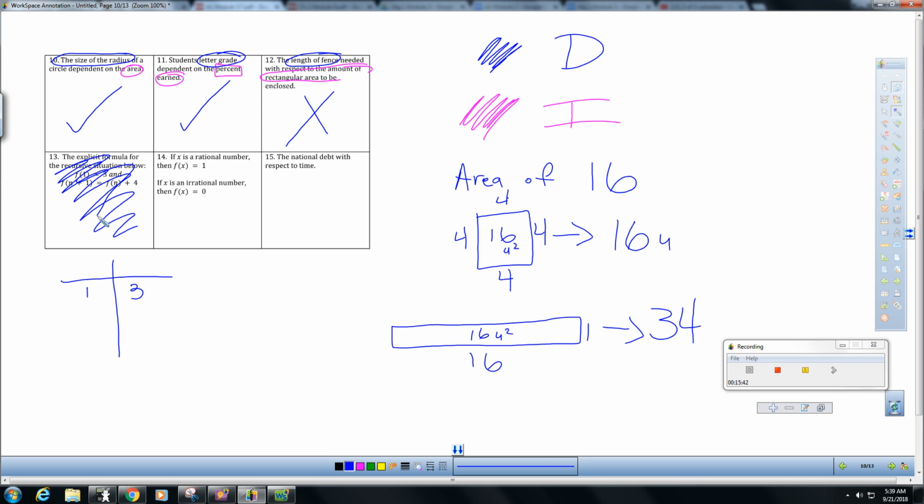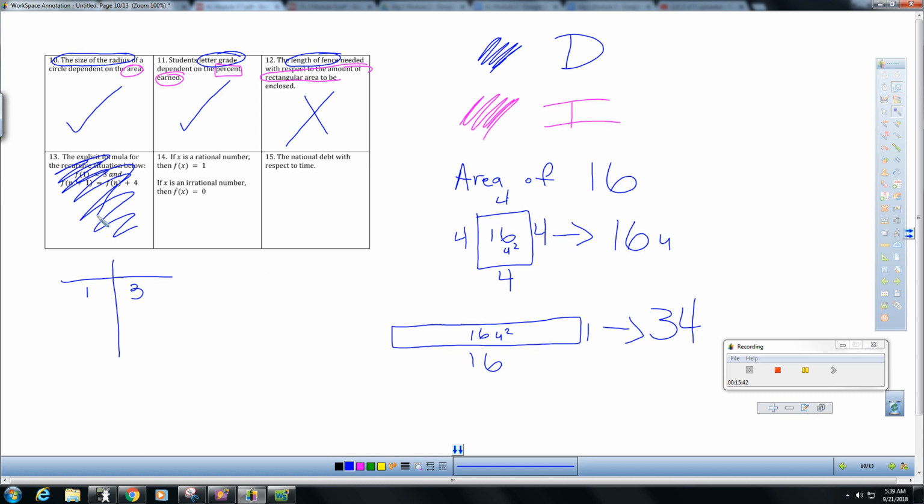If x is rational, f of x is 1. If x is irrational, then f of x is 0. I'm thinking we finally... Let's see. So I think this is a different situation completely.